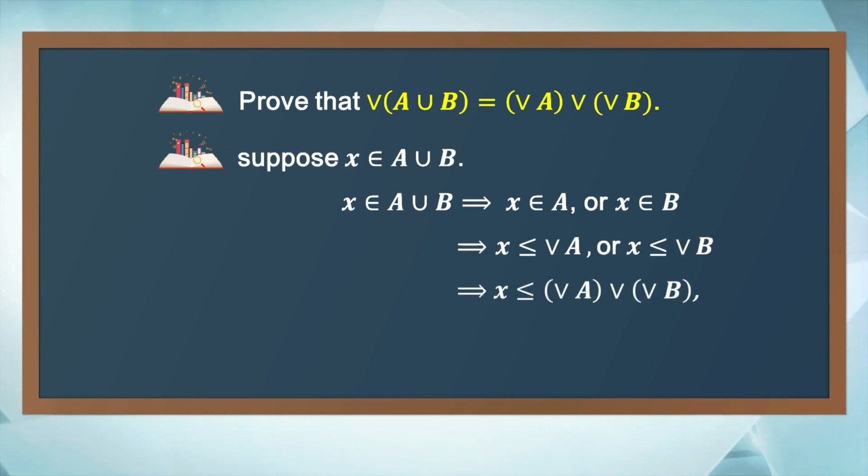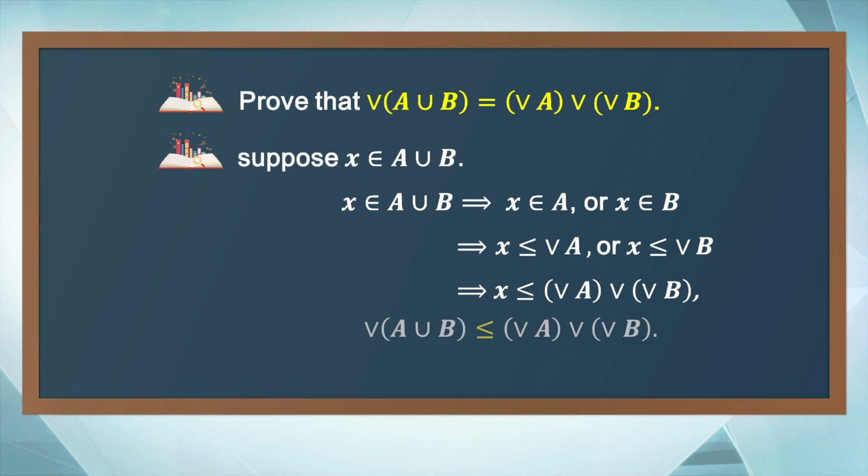So X is less than or equal to the maximum of the two supremums. Because X is an arbitrary element in the union of A and B, the maximum of the two supremums is an upper bound of the union. The supremum of the union is less than or equal to the maximum of the two supremums.